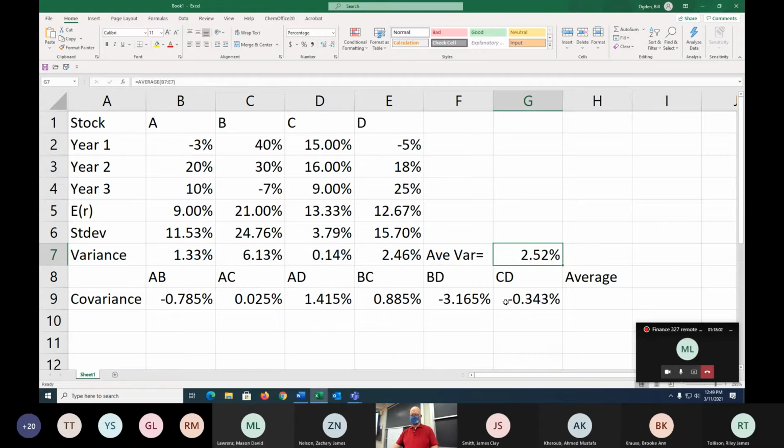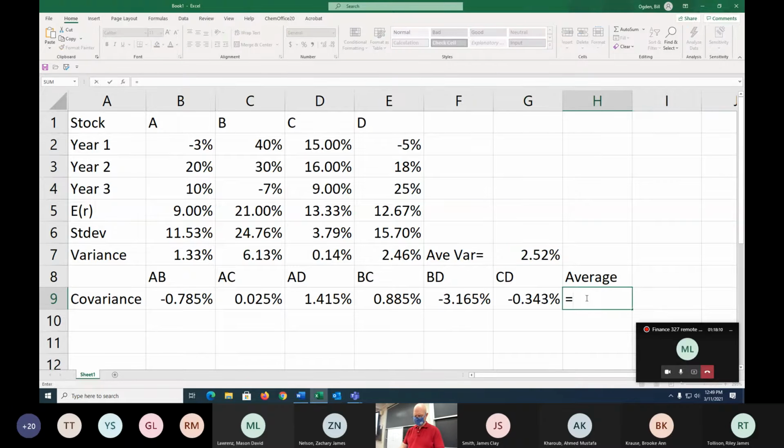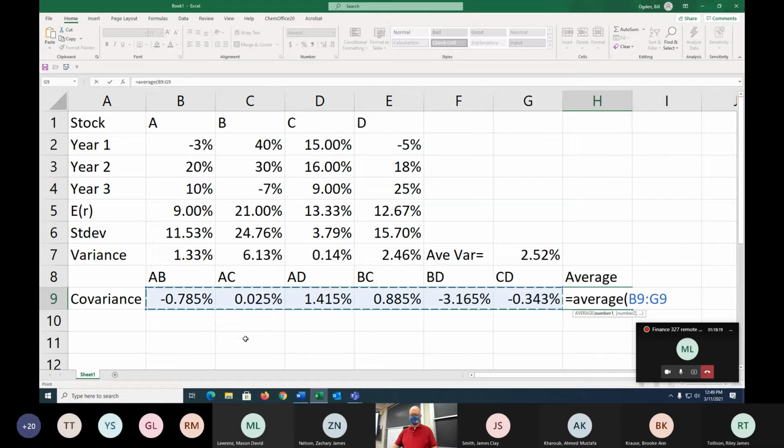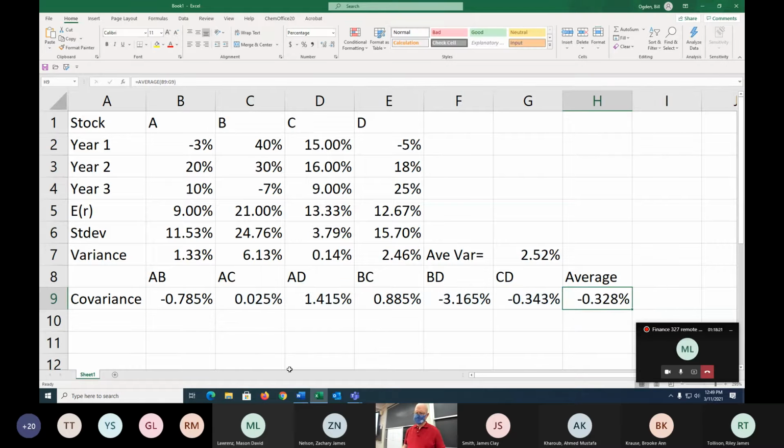And then I want an average of these 6. All right.